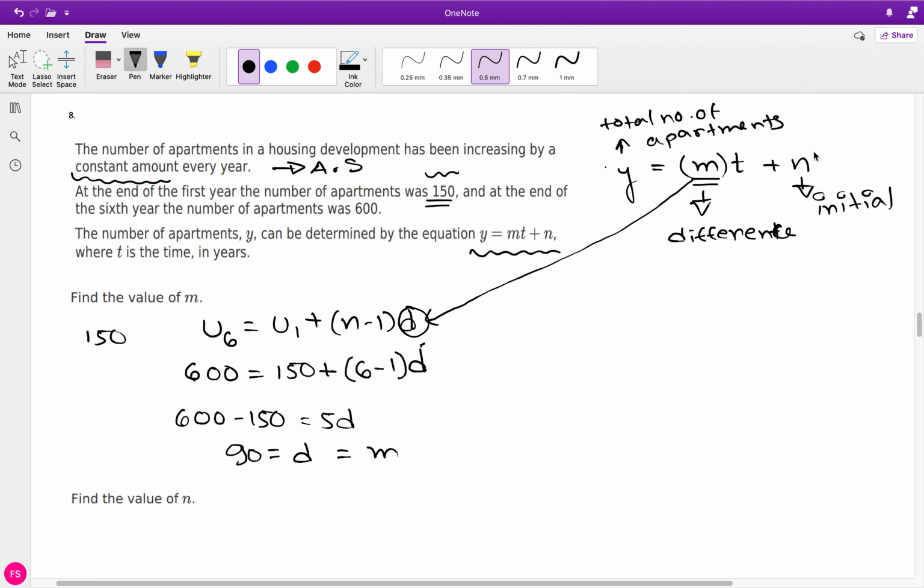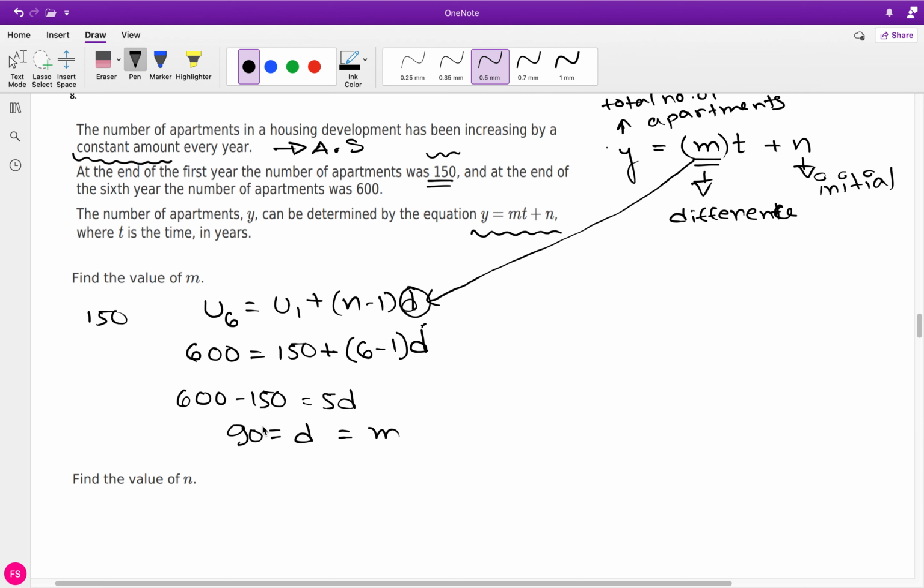Now N, like I told you before, is the initial amount, the amount that you had even before this. So you can easily use this 150 to get the N. Let me scroll it down a little bit. Okay, I'm going to use this.